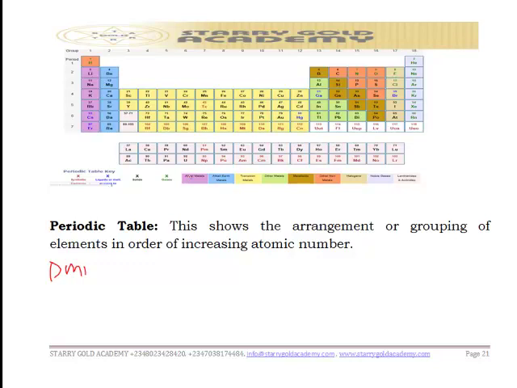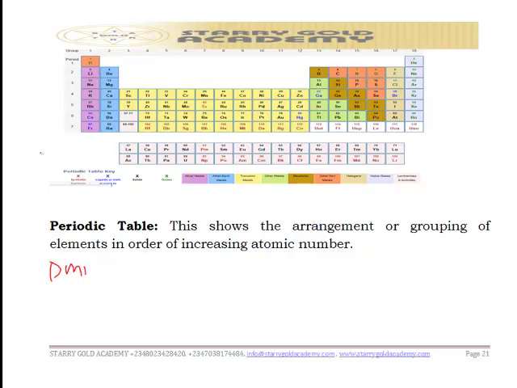The periodic table is arranged in such a way that we have vertical and horizontal axes. Some textbooks will say we have the group and the period.